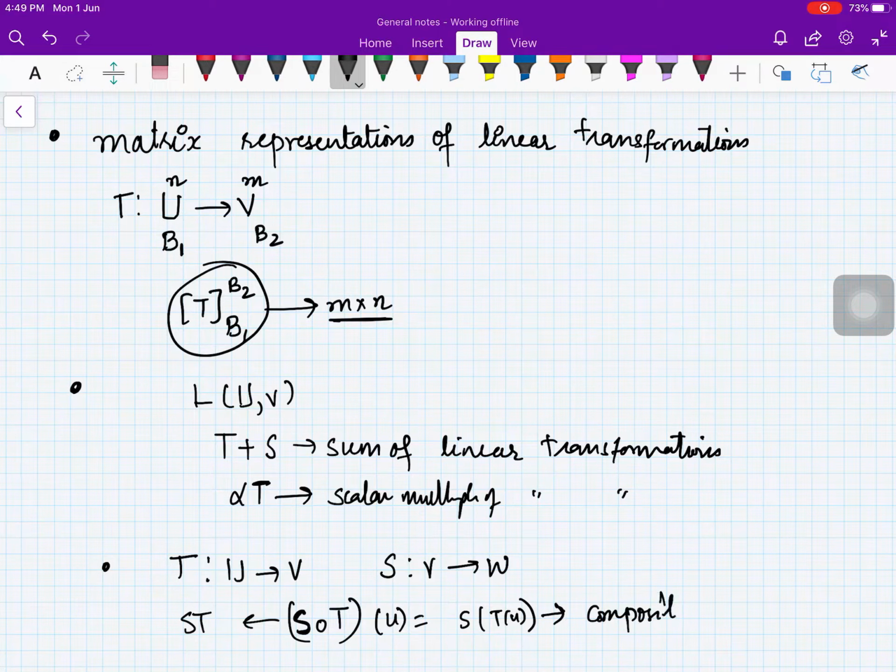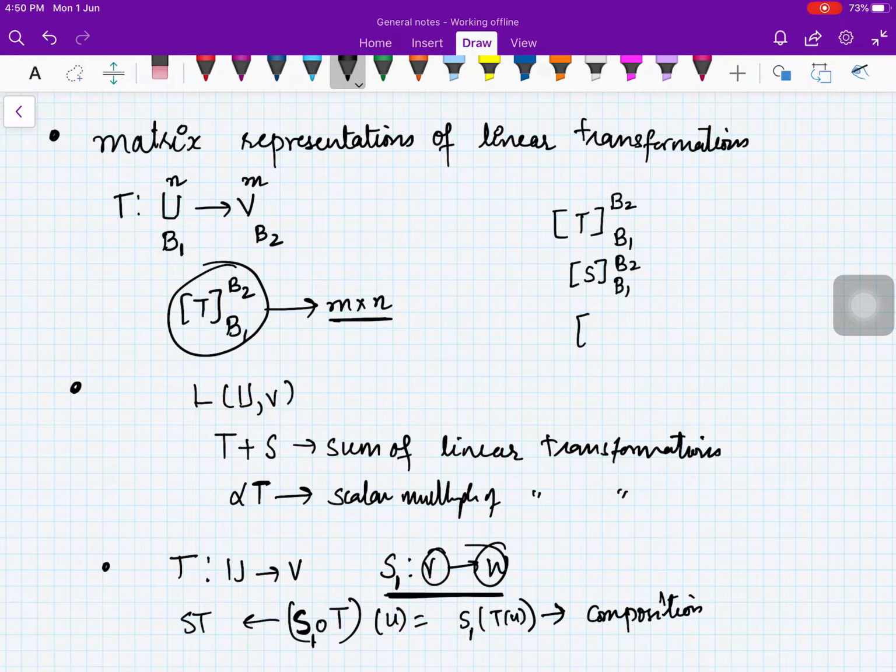Now we would like to know the relation between the matrix representation of T with respect to bases B1, B2, the matrix representation of S with respect to bases B1, B2, and let us call this transformation S1, because this is from V to W. So the matrix representation of S1 with respect to bases B2, B3, then the matrix representation of S plus T with respect to B1, B2, the matrix representation of alpha T with respect to B1, B2.